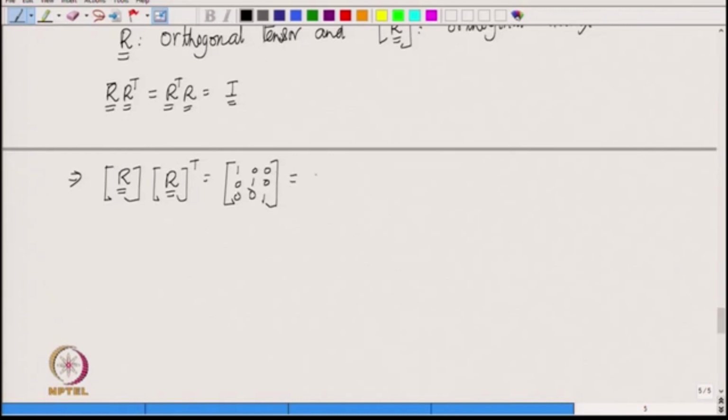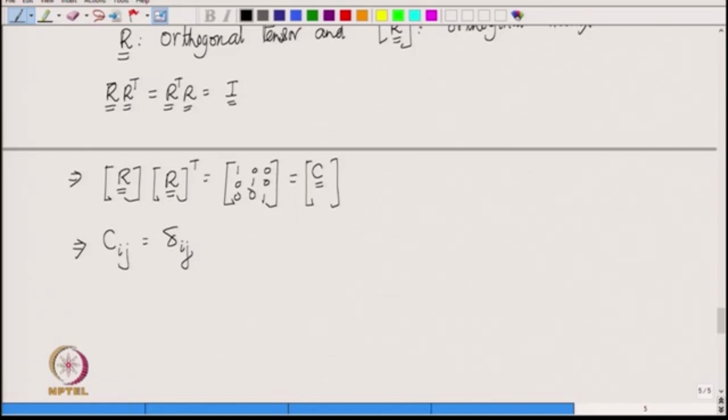Suppose I call this matrix C, then what is C_ij? So, C_ij is nothing but delta_ij, right. It is equal to 1 when i is equal to j, that means the diagonal is 1, off diagonal is 0.